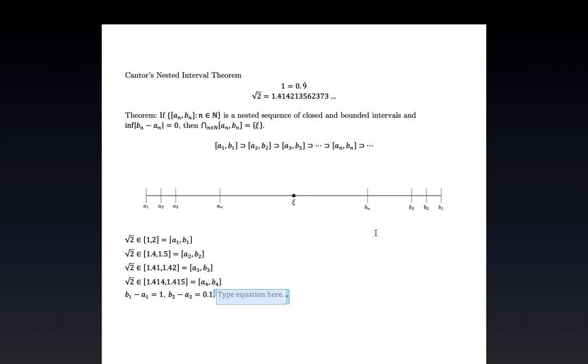Then B3 minus A3 is 0.01. Then B4 minus A4 is equal to 0.001, and so on. So this is going on.